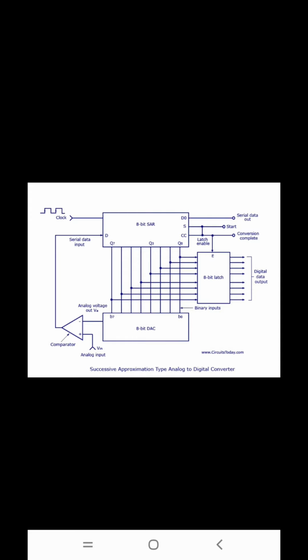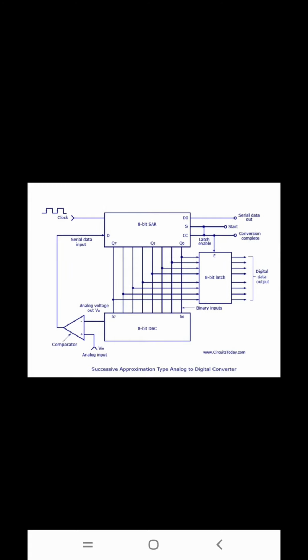The D to A converter then generates an analog equivalent to the Q7 bit, which is compared to the analog input Vin at the comparator.